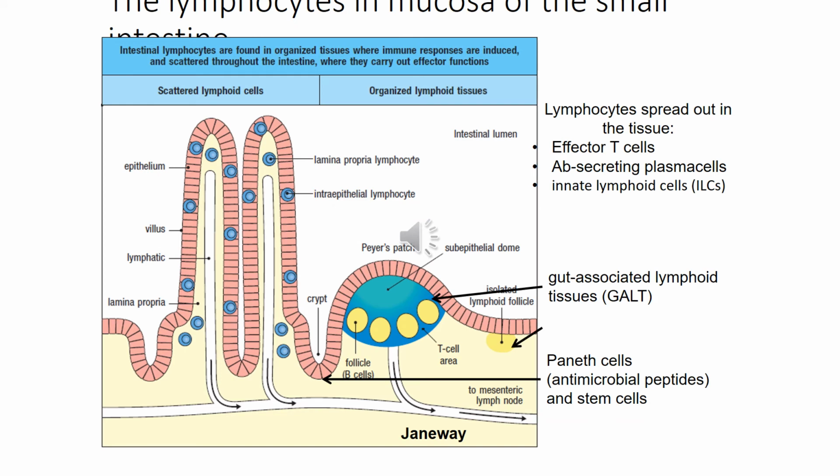Depicted on this slide is basically exactly the same thing, but from a different book, because it's important to repeat. So what is different here is that they show the lymph system, the lymphatic system, which is draining towards the mesenteric lymph node.